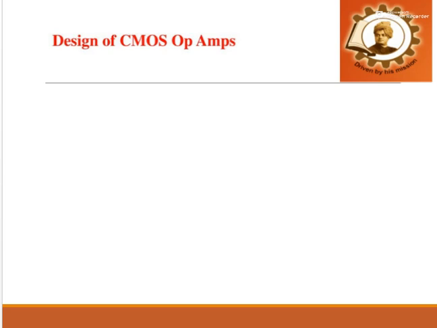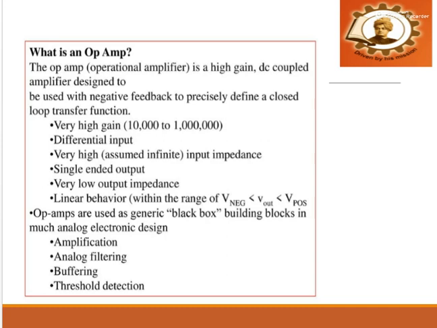There are various stages of op-amp. We will discuss only the two-stage op-amp circuit here, which is much more popular. Before going into the internal structure of an op-amp, let us summarize its basic characteristics.